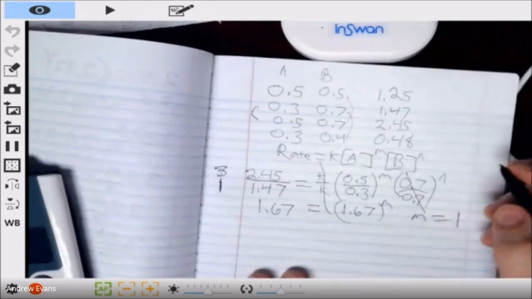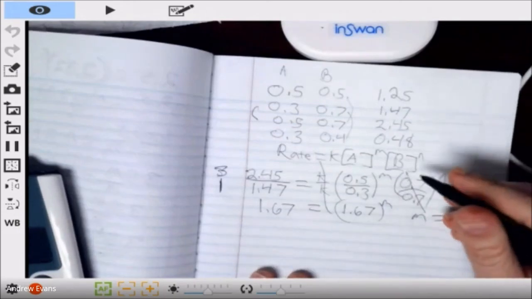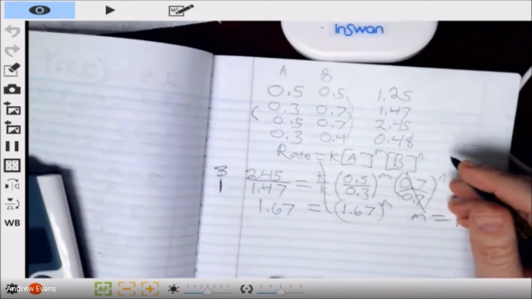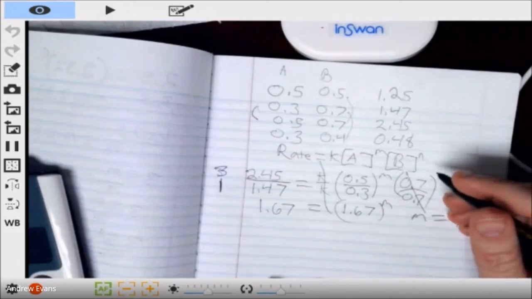Now let's look at B. I'll go ahead and use 1 and 3.